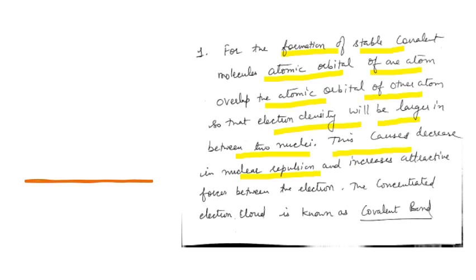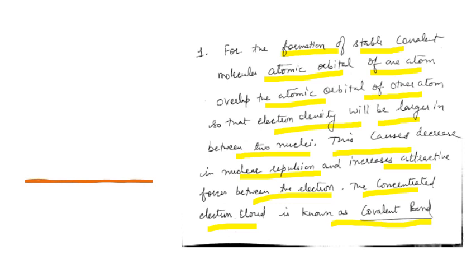When the electron density becomes higher between the two nuclei, it causes a decrease in the repulsion and an increase in the attractive force. As the attractive force increases, the energy goes on decreasing, and a concentrated electron cloud forms, which is known as the covalent bond.